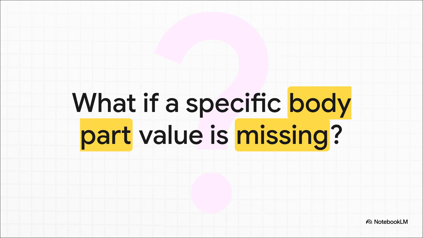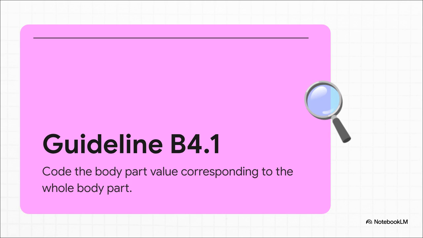But here is a classic coder's dilemma. What happens if you're reading through an operative report and the surgeon performs a procedure on a very specific portion of a body part? But when you look at the PCS tables, that highly specific portion doesn't actually have its own body part value. What do you do? So, the crucial point here, the golden rule, is found in Guideline B4.1, the whole versus portion rule.